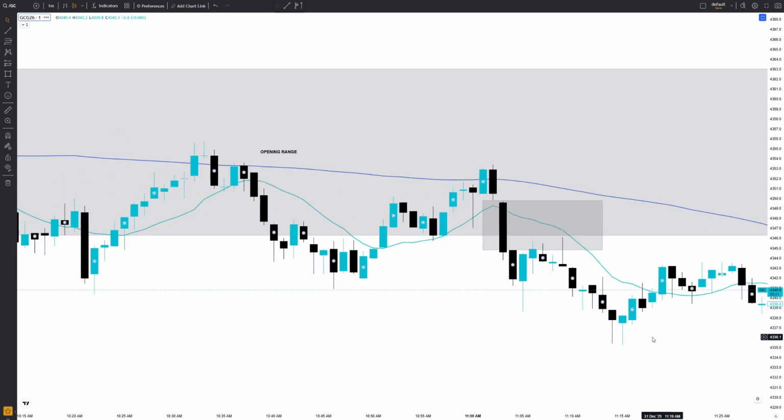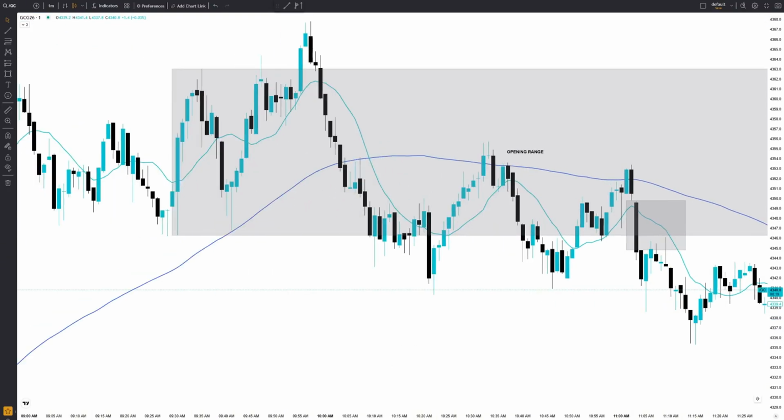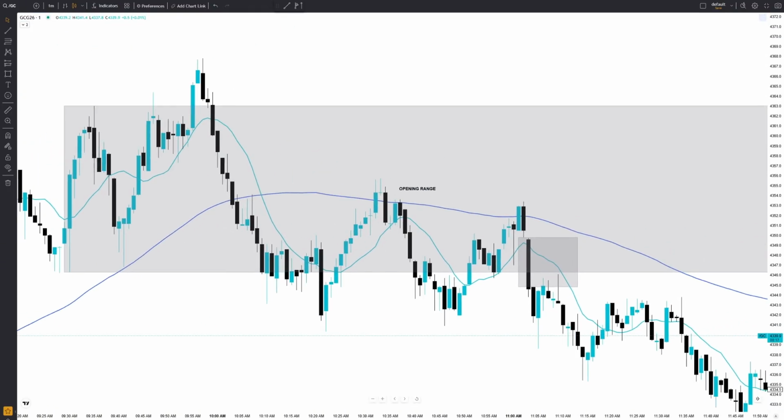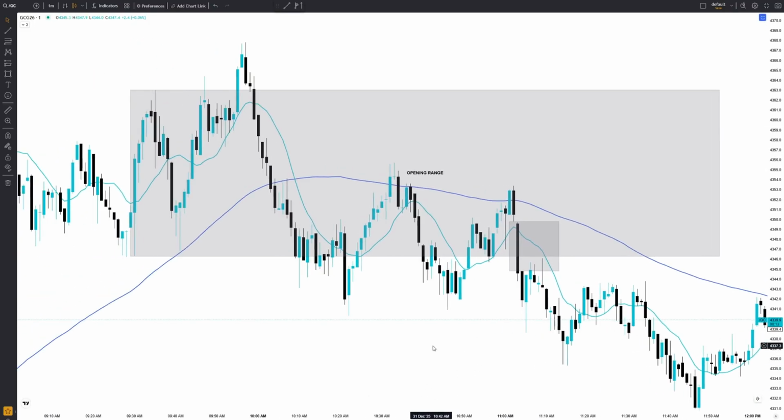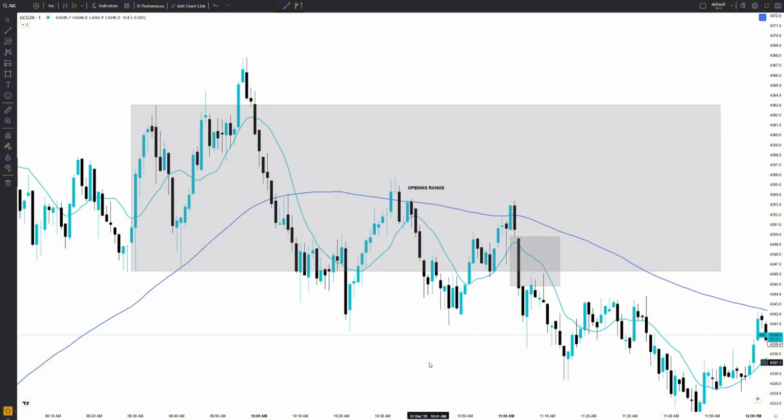But now, let me show you something. Let me pull this out. Let me zoom out a little bit. And let me ask you, what do you see in the market right now? Like, if I had to take everything away from you and the only thing you had was the opening range, what do you see?